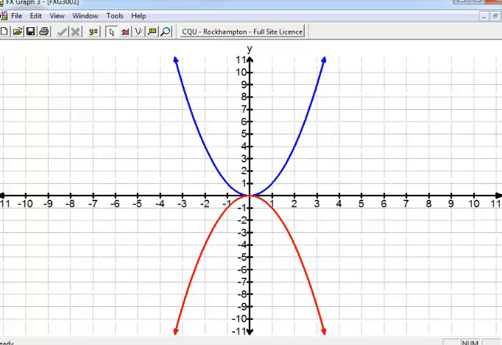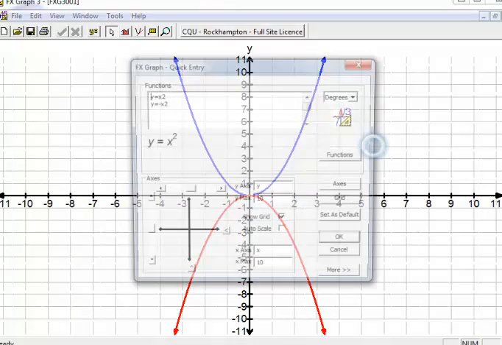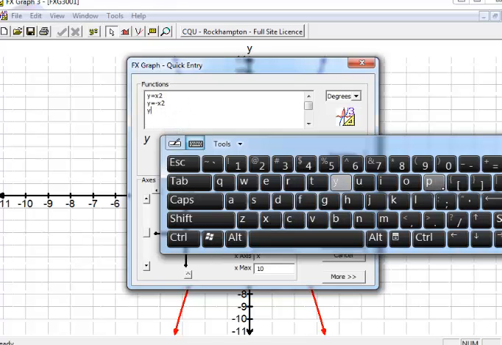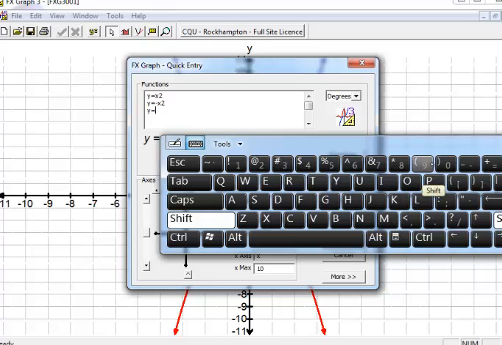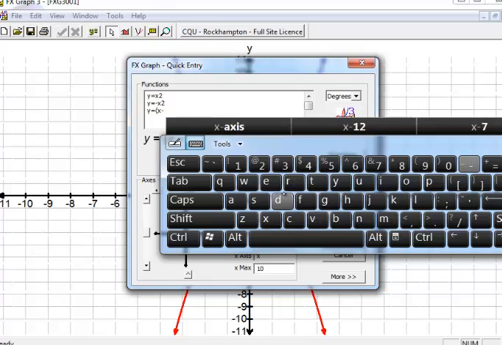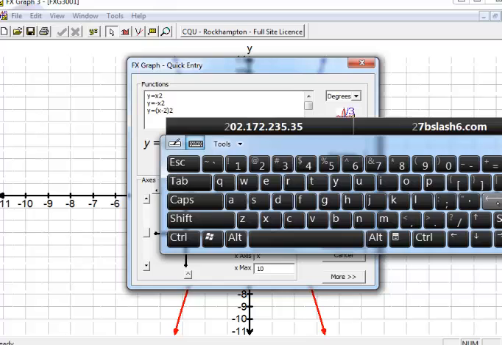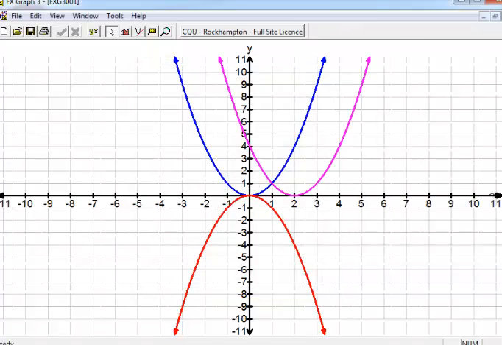We looked at this in quadratics. Then you can have your parabolas moving around, so they don't have to be sitting on the axis like that. For example, y = (x - 2)², and you can see that's moved.